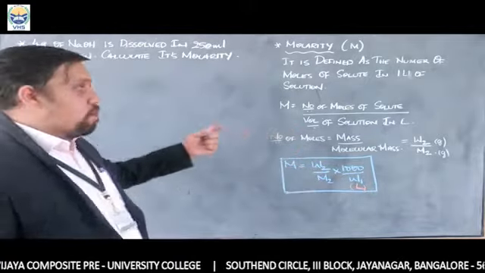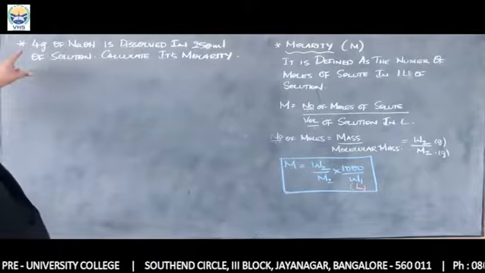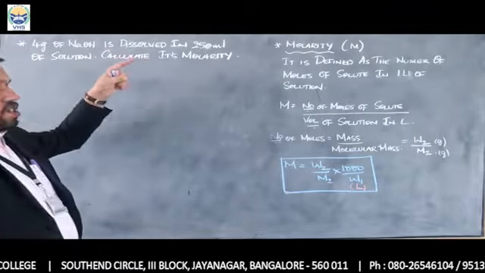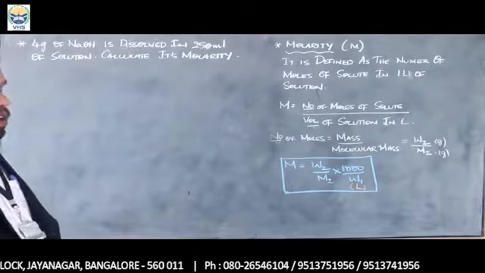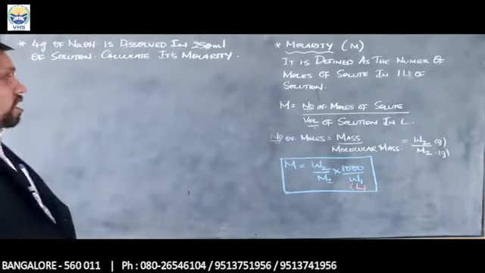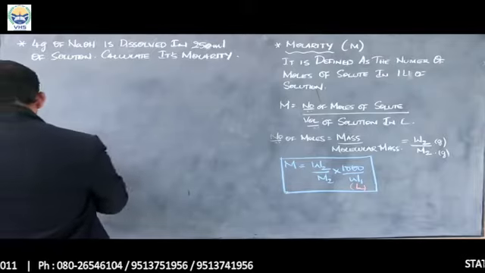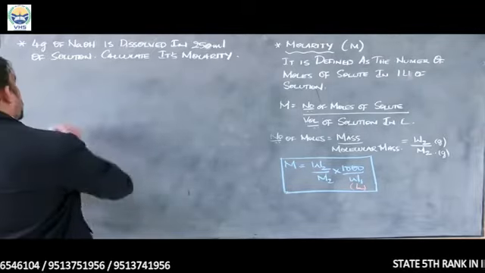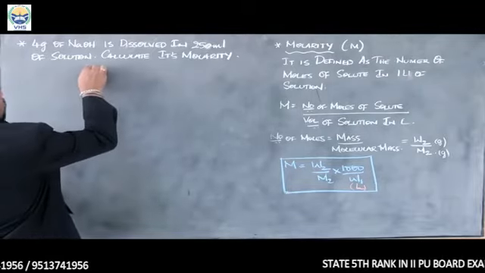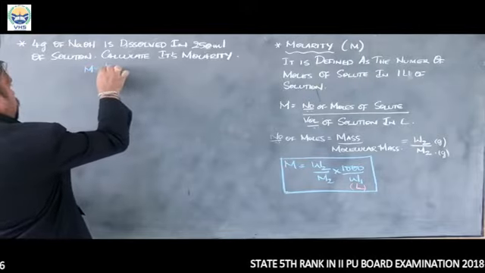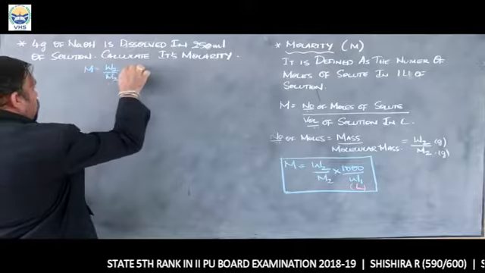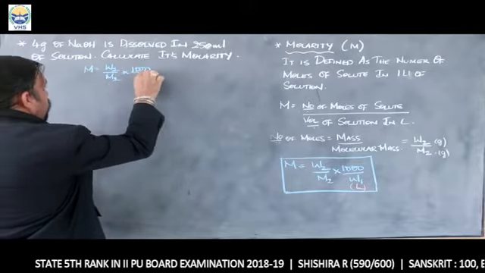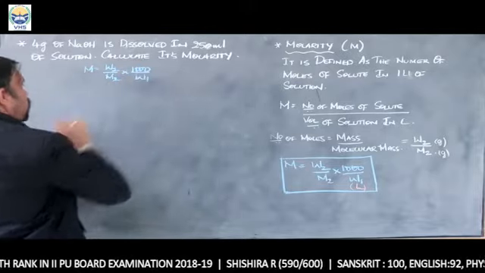Let us try to do a problem with respect to this molarity. 4 grams of NaOH is dissolved in 250 ml of solution. Calculate its molarity. As we know the formula, M is equal to W2 by M2 into 1000 by W1.